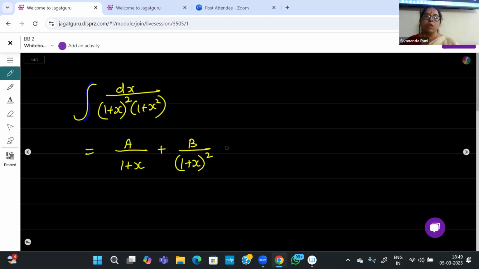Very good, Vinay. Yeah, this is a linear repeated factor. This is a non-factorizable quadratic. Non-factorizable quadratics are accompanied by linear functions and linear repeated factors are accompanied by constants.